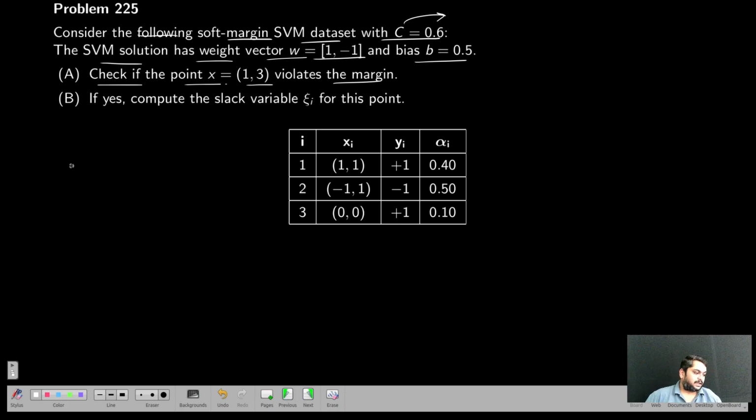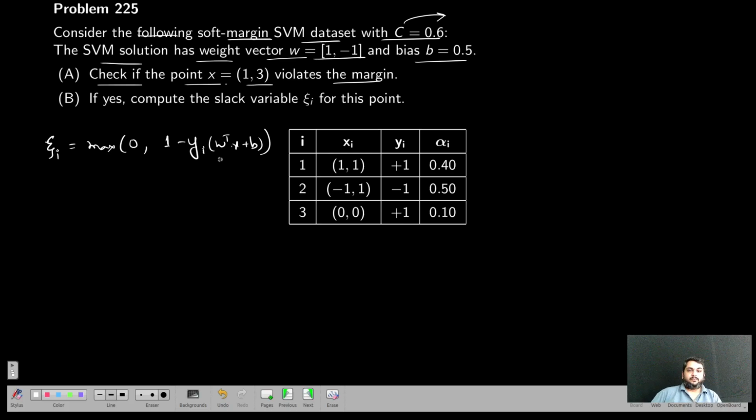You just directly calculate the zeta value. Zeta i is equal to the maximum of 0 and 1 minus yi times (W transpose x plus b).